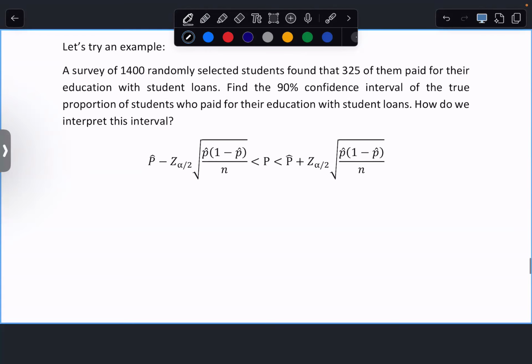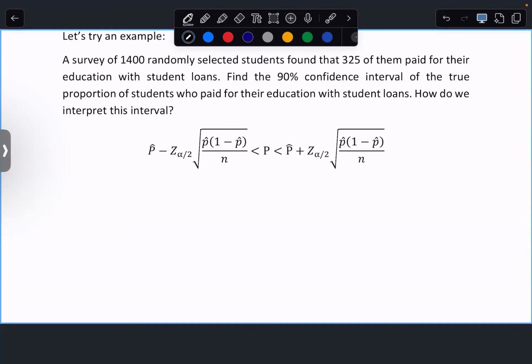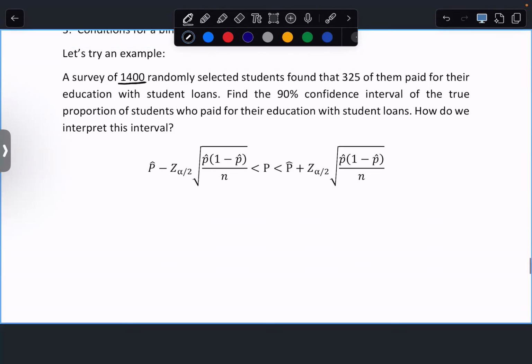So this is the formula, and in the problem, we have 1,400. What is this 1,400 in terms of notation? N, that is right. So this is n, the sample size. How about 325? What is that?